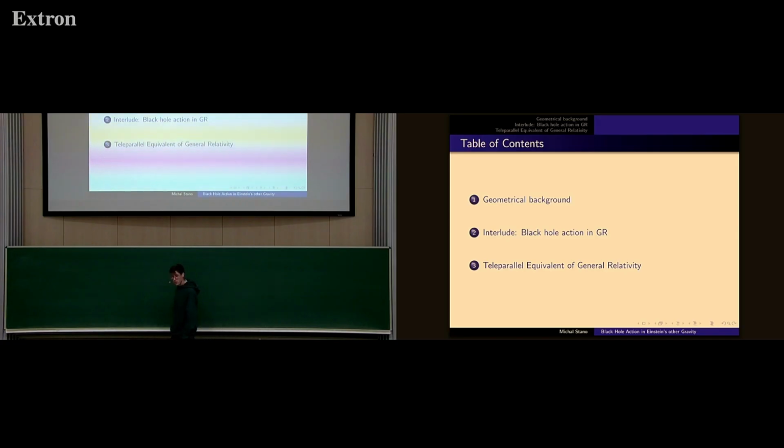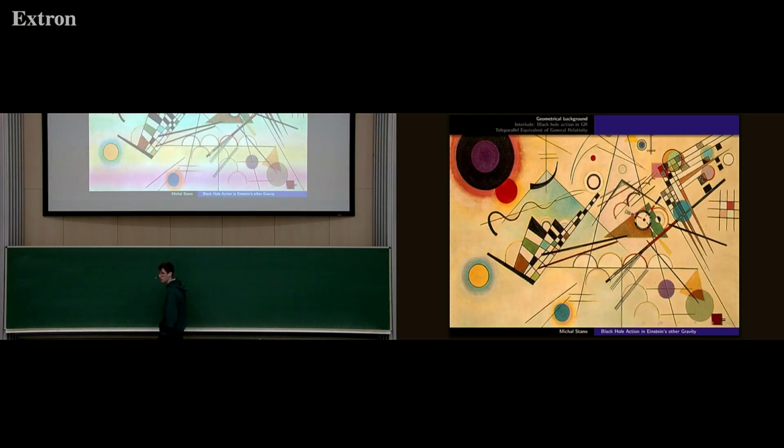In the second part, I will present the standard derivation of the black hole action following the Gibbons-Hawking-York method within GR. And lastly, we'll focus on the main topic of today's talk, the evaluation of the black hole action within its teleparallel formulation. Okay, so the geometrical background.